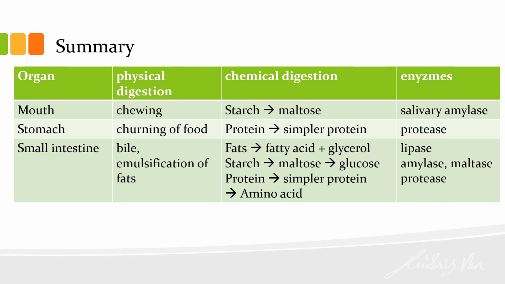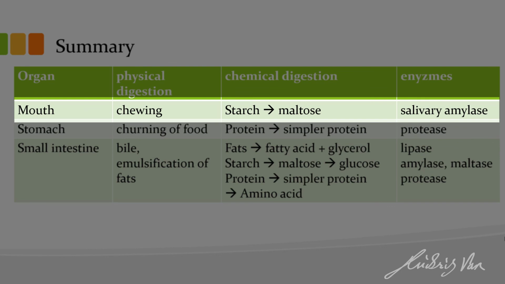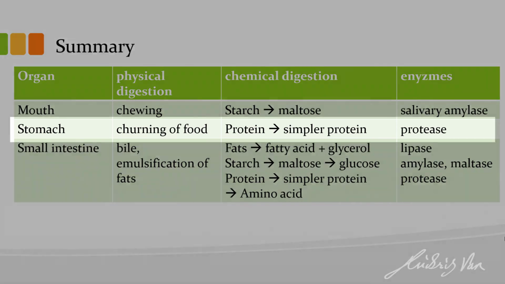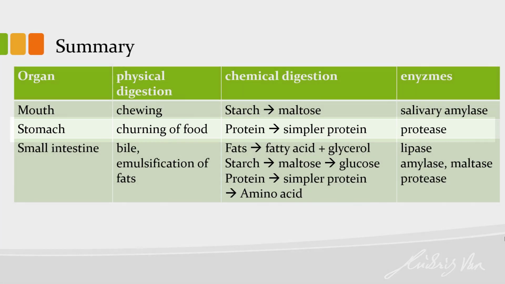So in summary, inside our mouth, there is physical digestion in the form of chewing, as well as chemical digestion, whereby salivary amylase converts starch into maltose. Inside our stomach, the churning of food will physically digest it into smaller pieces, and the protease present inside our stomach will convert the protein into simpler protein.